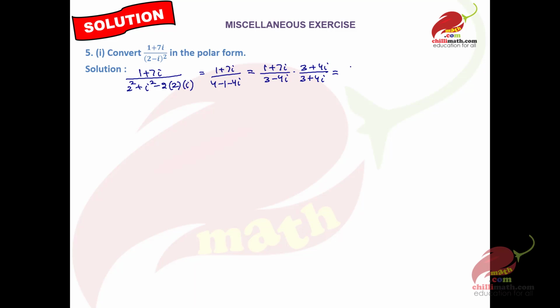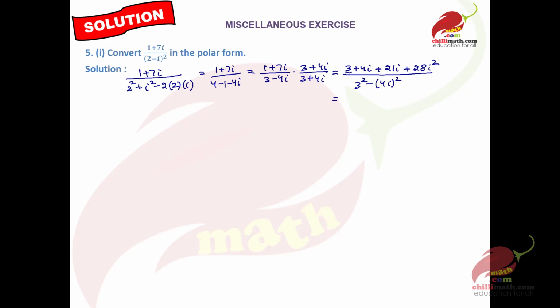On solving, we get 3 plus 4 iota plus 21 iota plus 28 iota square over a minus b into a plus b, that is a square minus b square.